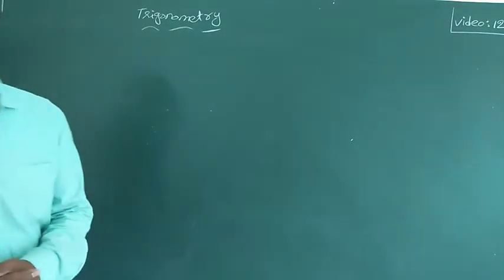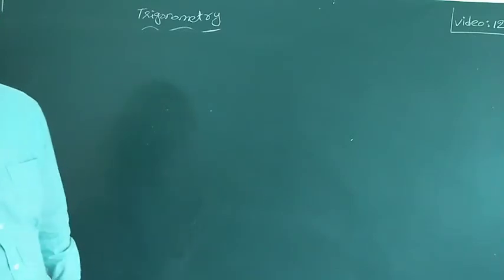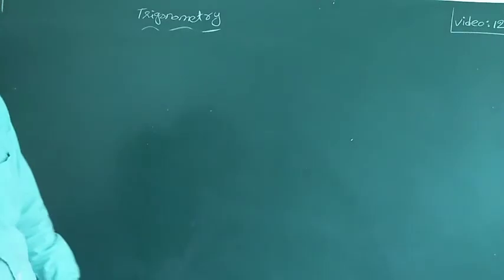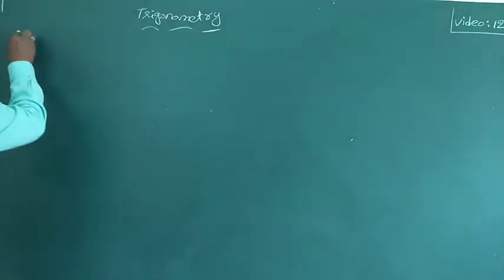Okay. Express sine 75 degrees plus cos 65 degrees in terms of trigonometric ratios of the angles between 0 and 45 degrees. That was the sixth question.